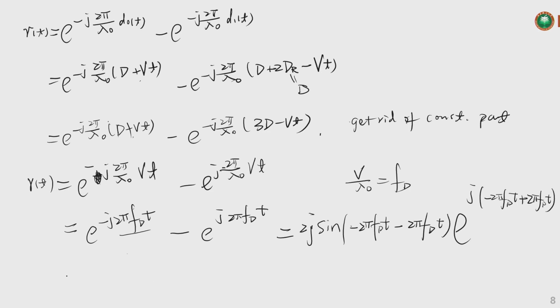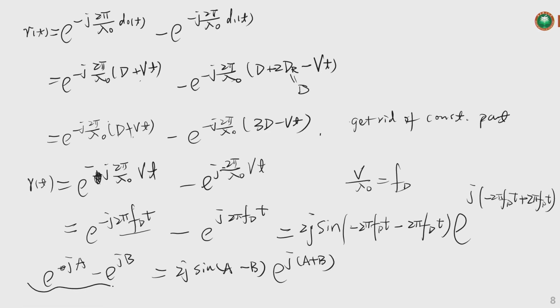So this is an expression using the identity: e to the j A minus e to the j B equals j sin((A minus B)/2) times e to the j (A plus B)/2. This is an expression for that. So now we get this term, and we get this term.